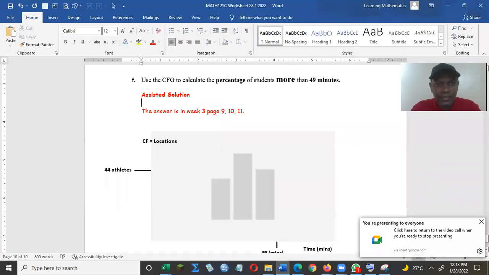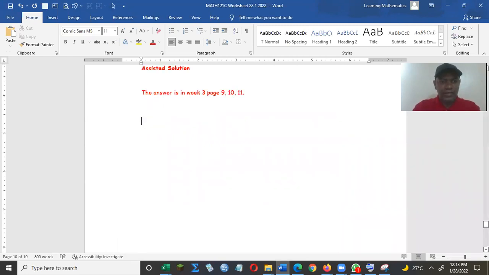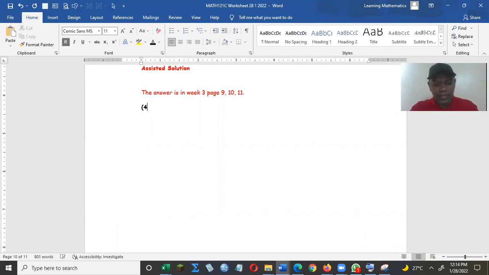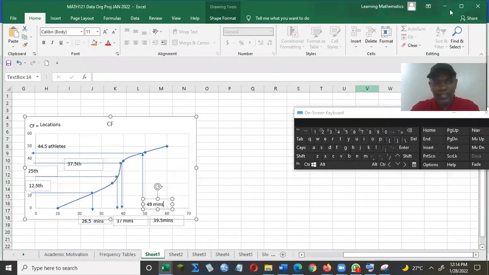So the new point we have is 49, 44.5. Now bear in mind, the x coordinate is minutes and the y coordinate is athletes.